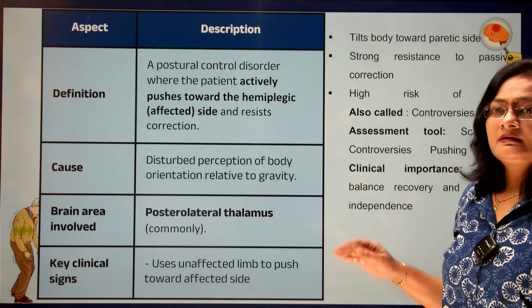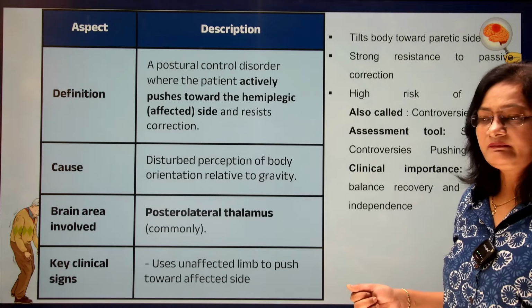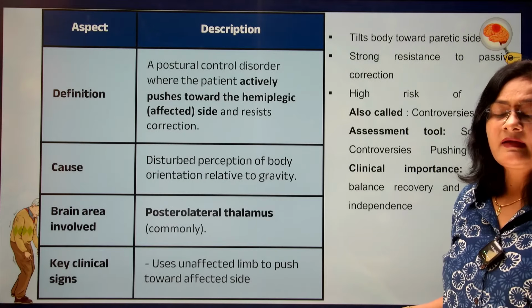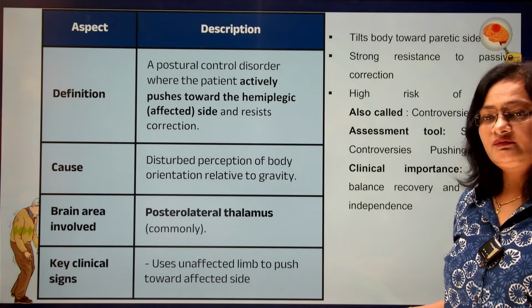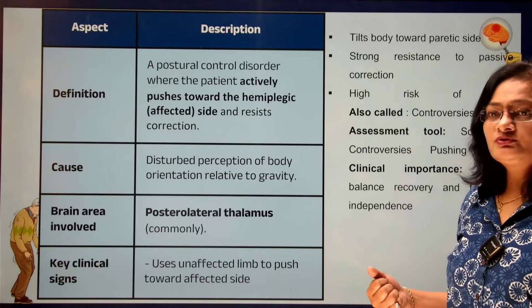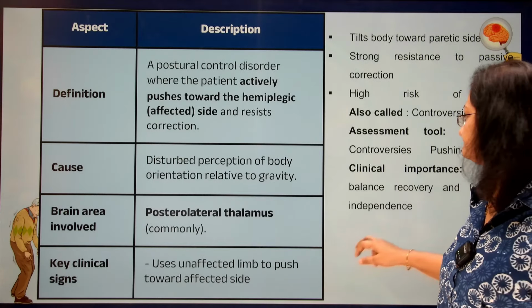The cause is disturbed vertical orientation relative to the force of gravity. The lesion, as we have discussed, is in the posterolateral part of the thalamus. And the key clinical feature is pushing, using the unaffected limb to push towards the affected side.